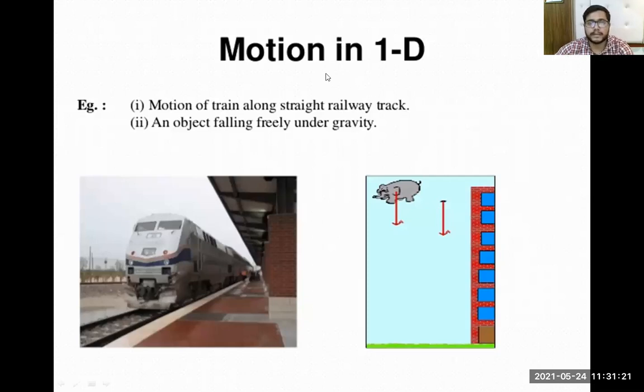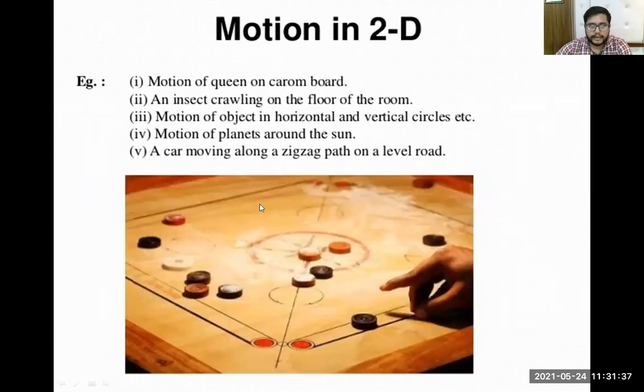So examples of motion in 1D: motion of a train on a straight railway track, and an object falling freely under gravity. Now, for 2D motion: the queen on a carom board, an insect crawling on the floor of a room, motion in a horizontal and vertical circle, motion of a planet around the Sun, and a car moving in zigzag paths on the road.